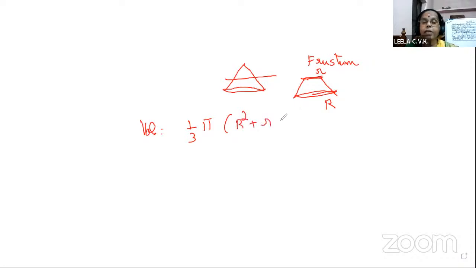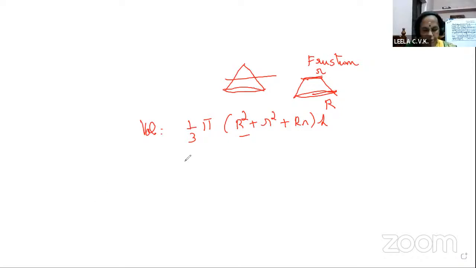Both radii we have to consider, and capital R into small r into h. There it was only 1 by 3 pi r square h, but here only r square we cannot write. That's why R square plus r square, and for accuracy we are taking R into r also, into h. So that is the volume formula.